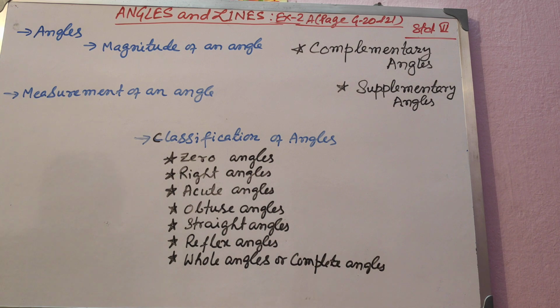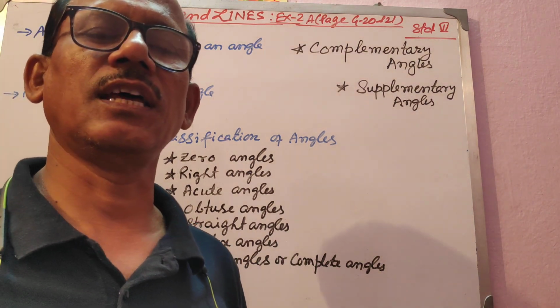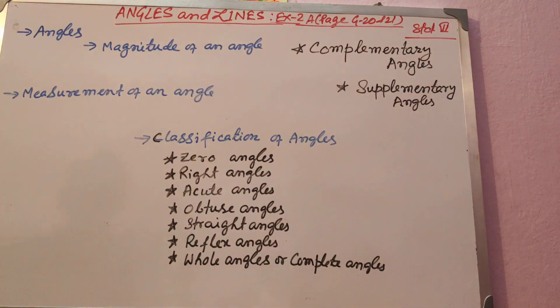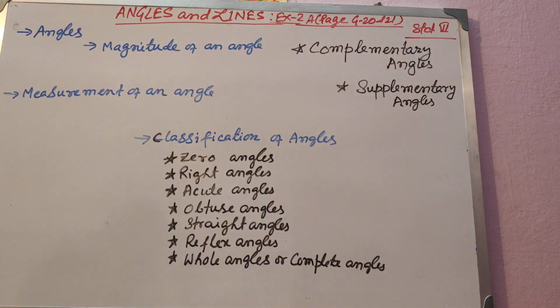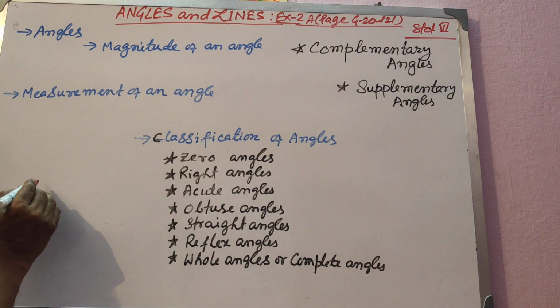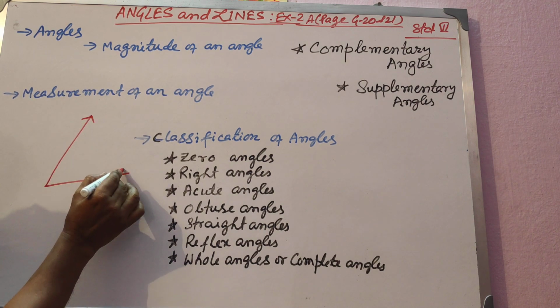But before I move on to the second lesson, I want to give you the key idea of the objects. First of all, what do you understand by angle? Listen to me, you will understand better. An angle is formed when two rays meet, intersecting at a point. Here is one ray, here is another ray.